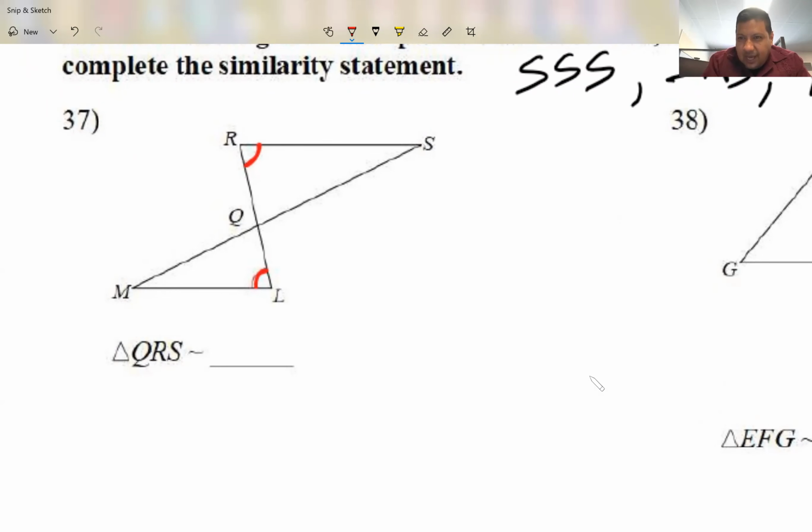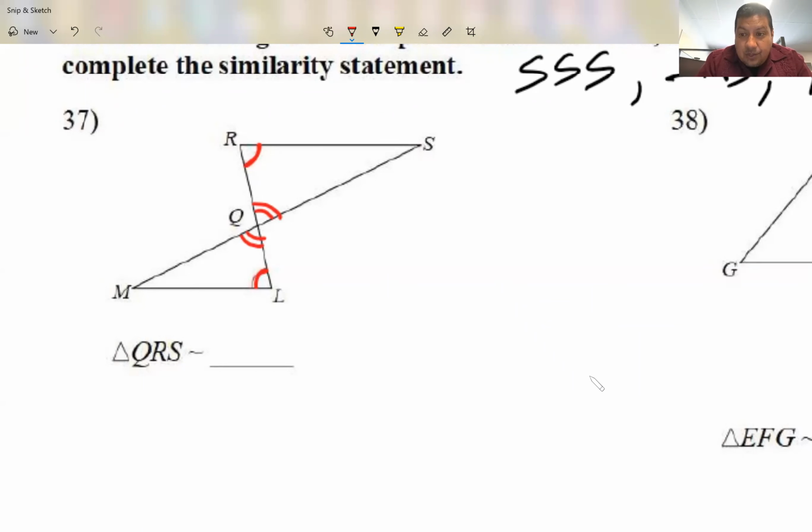So I'm going to say that this angle on top, I'm going to do two arcs for that one. That angle is equal to this angle. I'm doing that based on the vertical angle theorem. When there's an x formed, opposite angles are equal. I don't know exactly how big they are. I just know they're equal.